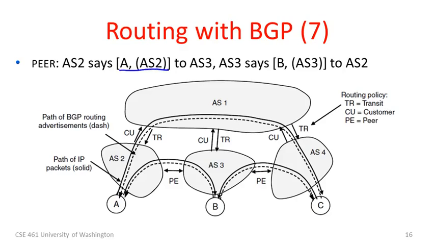That's really telling AS3, hey, there's this prefix A and you can send it along the path AS2 and that will get packets to prefix A. That's exactly what AS3 wants to do to get traffic to AS2's customers. Now on the other side, AS3 will say to AS2, B prefix via AS3. That will allow AS2 to send traffic to AS3 directly. And now we'll have traffic going between here and here.